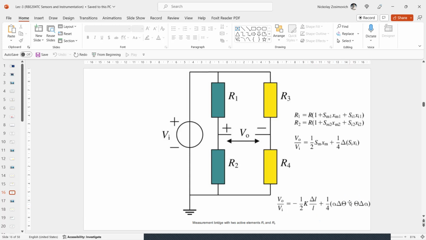The transfer of this bridge is here on the bottom, you can see. Here we can find that delta theta is the temperature difference between the two sensor parts, and delta alpha is the difference in temperature sensitivity. So in a proper design, both sensor parts should have equal temperature and equal temperature sensitivity over the whole operating range.